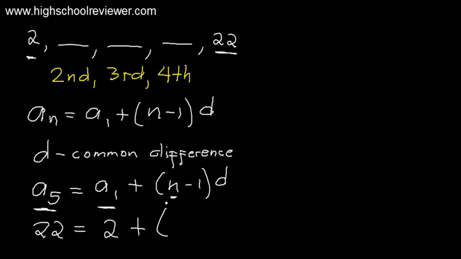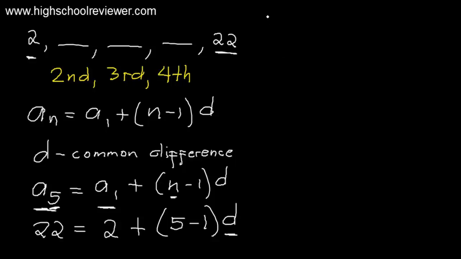Our n here is the number of the term, so this is the fifth term. Our n will be 5 minus 1 multiplied by d. Okay, so looking at this equation, our variable is now only d. We can now find the value of d.